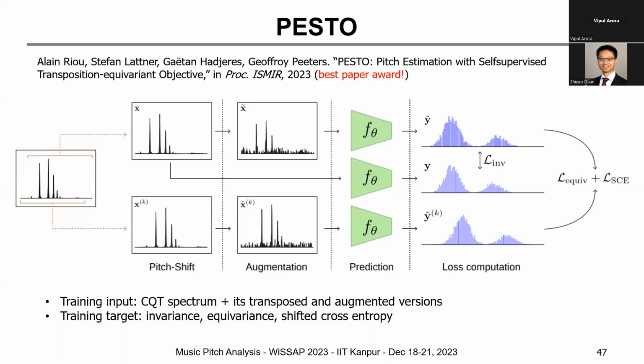Okay. Now, between the noisy version and this noisy and shifted version, we want equivariance. The difference between these two is the shift of pitch. Equivariance is basically one kind of invariance, but, okay, how do I explain it?